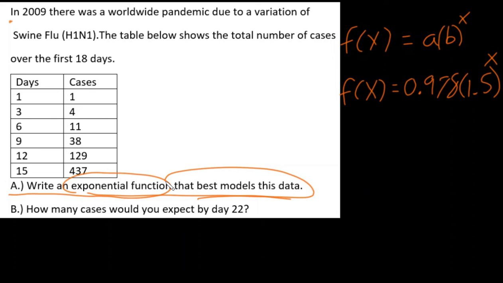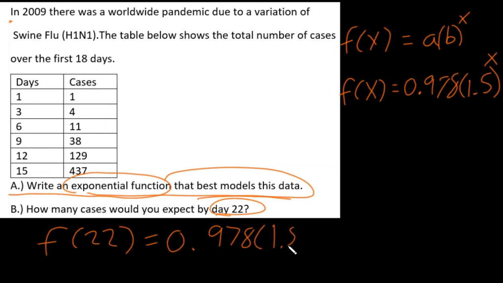Now let's go ahead and talk about letter B. How many cases would you expect by day 22? So we're going to write f of 22, that's our input, is equal to 0.978 parentheses 1.5. And remember, this is where we plug in our x value, or in that exponent of 22, and we have a pretty simple thing to calculate.